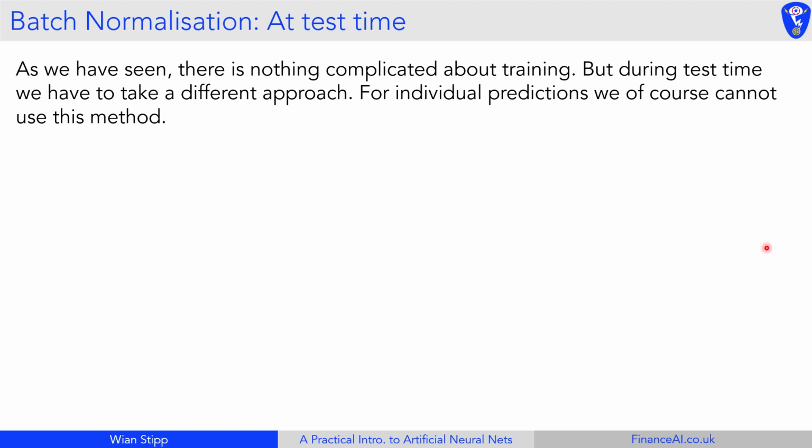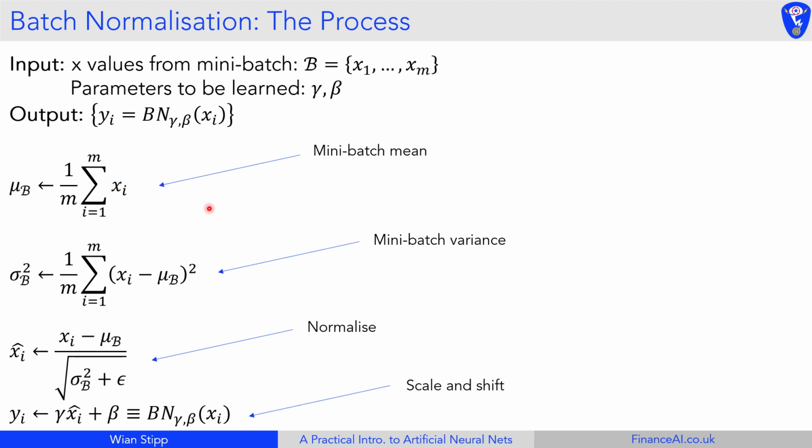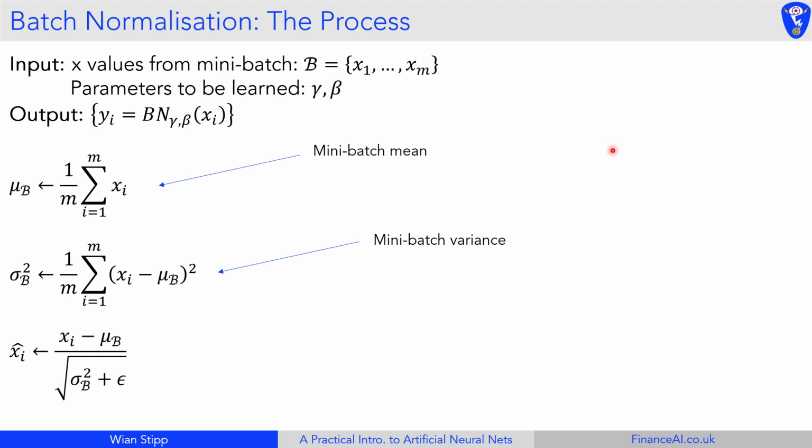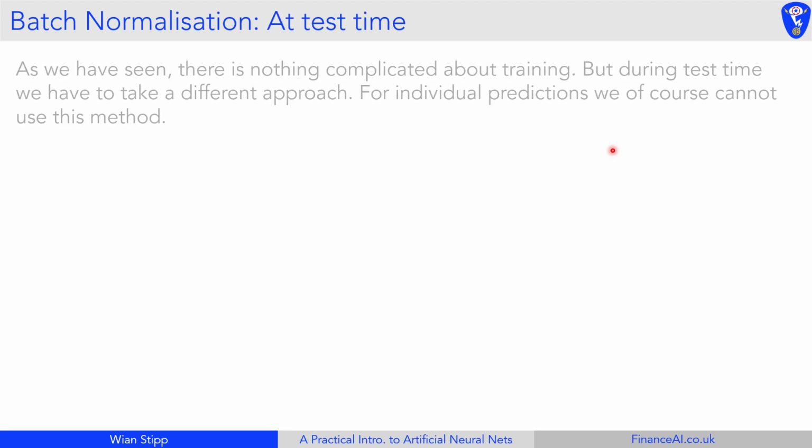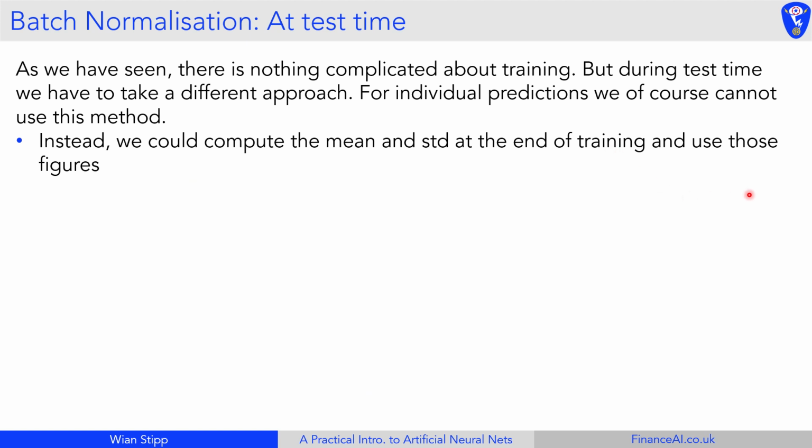So as you've seen, there's nothing really complicated about this in training, but during test time, we have to take a different approach. So for individual predictions, of course, we cannot use this method. Reason being is you can't really take the sample mean of a single instance or variance or whatever. Okay, so instead we need to compute the mean and standard deviation at the end of training and use those figures.